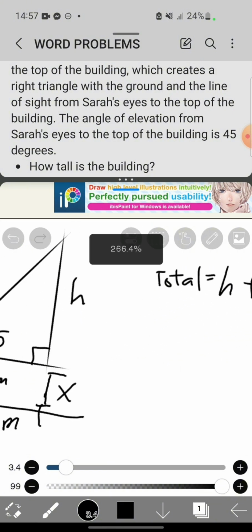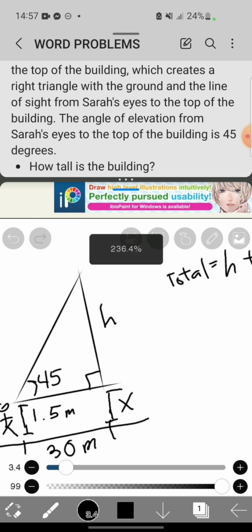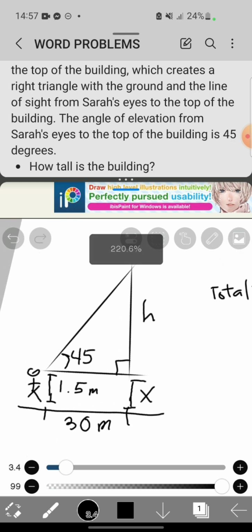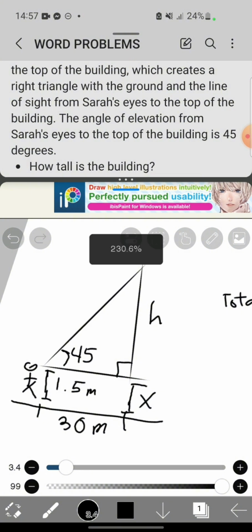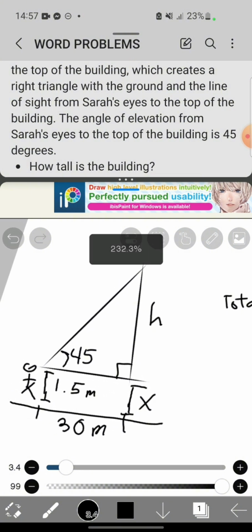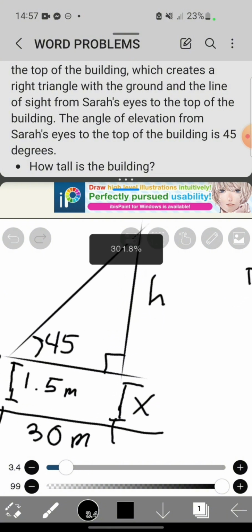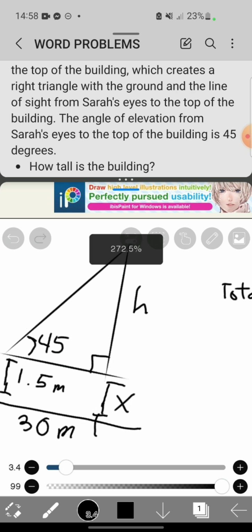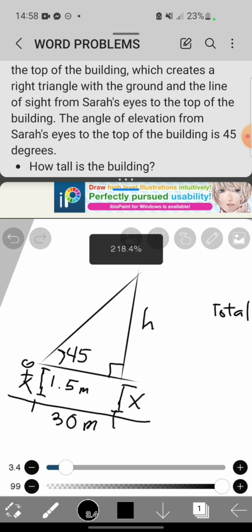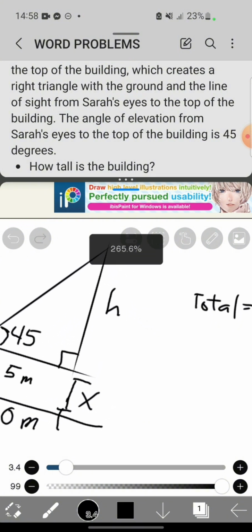So first let's solve for x. We can use SOHCAHTOA in this problem because we have the given angle and the adjacent side. We can use the TOA property for this problem. So let's solve this.